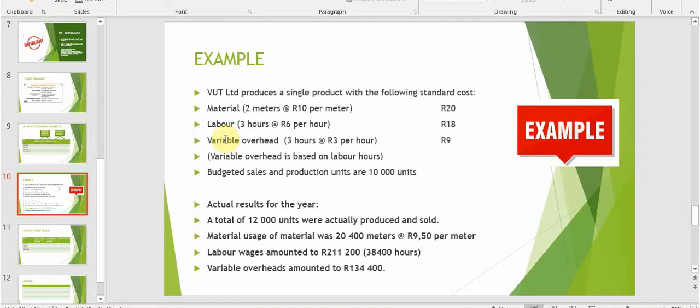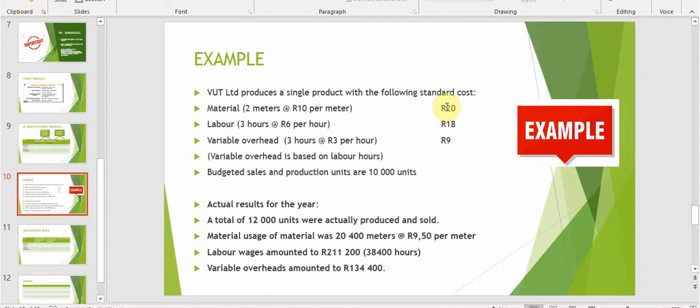So in the first one, they say material, and the inputs are 2 meters at 10 Rand per meter, and then the unit cost of material is 20 Rand. And we get to this answer by saying 2 meters times 10 Rand per meter. So the meters is the input, the 10 Rand is the price for the input, and the 20 Rand is the unit cost.